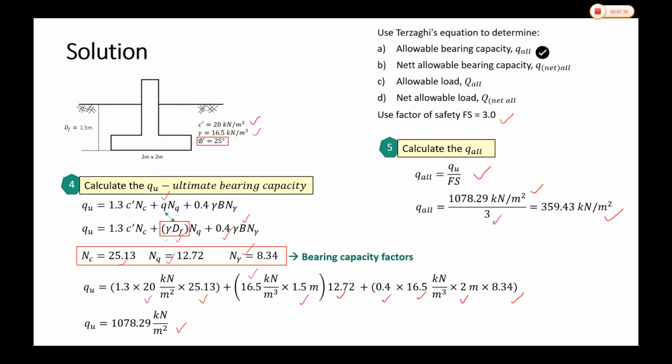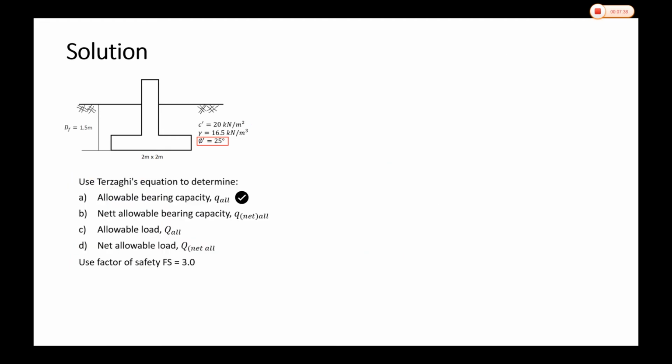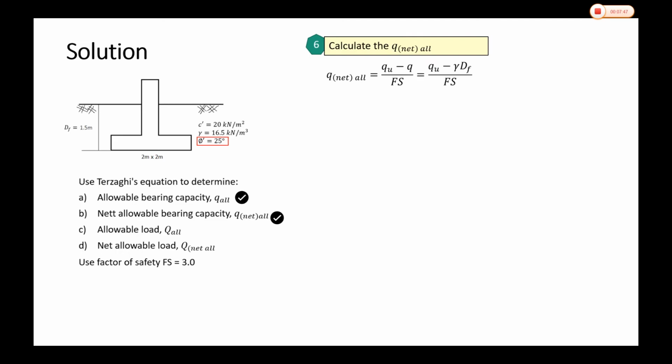Okay, now we will proceed to the next question, which is we need to determine the Q net allowable. Okay, the B. All right, so the next step is to calculate the Q net allowable. So how to get the Q net allowable?